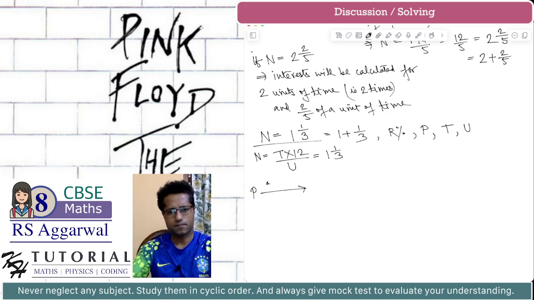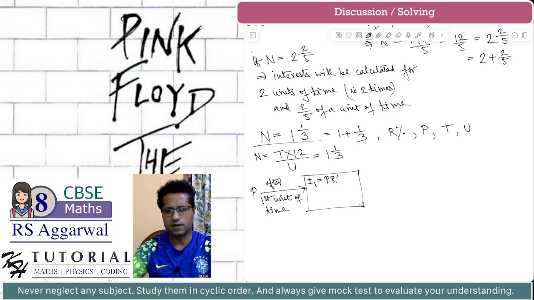So after first unit of time, we have the calculation of interest, I1 equals to P R dash.